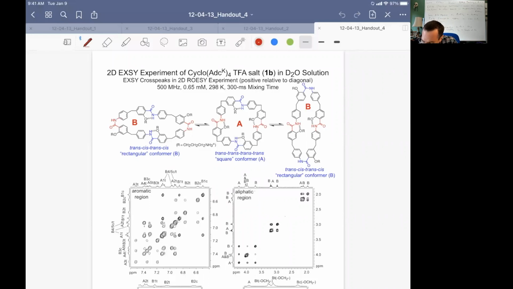So let's just pay attention to this region right over here, where he sees a set of resonances associated with a CH2 group that's next to this oxygen here. And we've got a bunch of resonances there. There's also one other resonance in there.